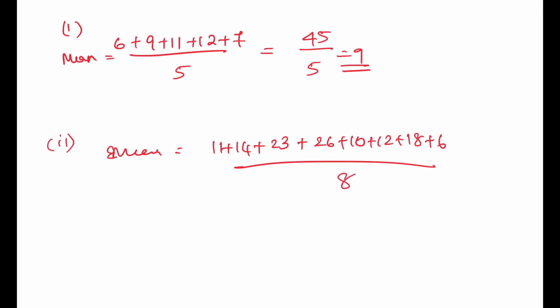So what do you get? 11 plus 14 gives 25, plus 23 gives 48, plus 26 gives 74, plus 10 gives 84, plus 12 gives 96, plus 18 gives 114, plus 6 equals 120. So you get 120 divided by 8, which gives 15. So your mean is equal to 15 here.